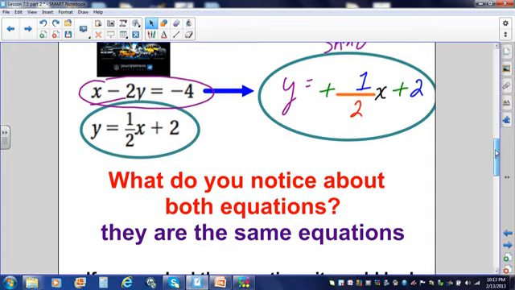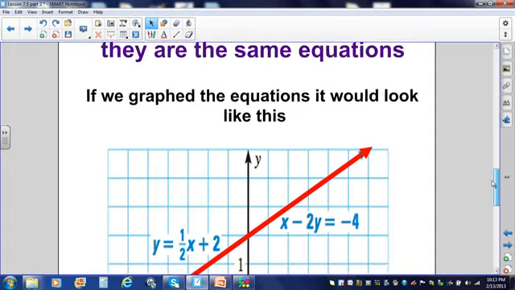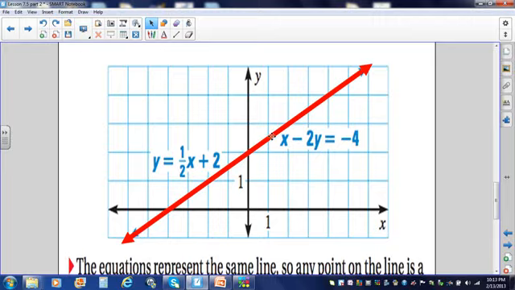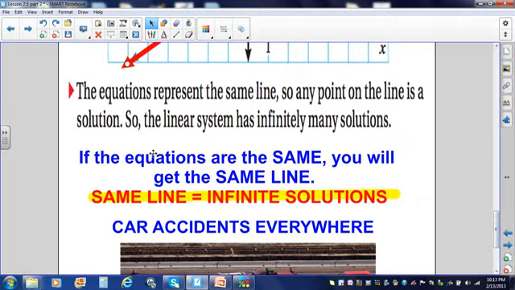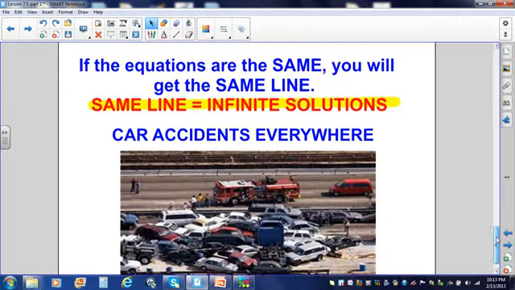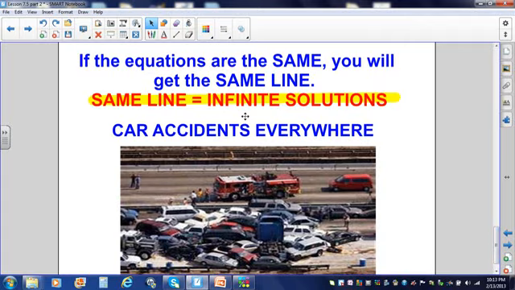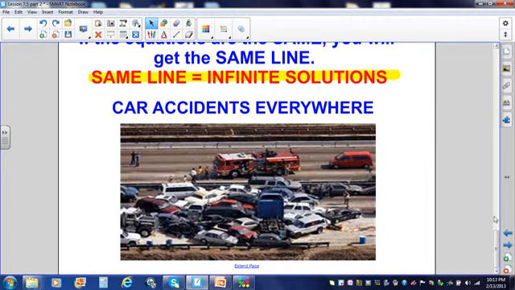If you graph them and they come out to be the same equation, then we have the same line. Same line is the same thing as true statements. If the equations are the same line, we have infinite solutions, car accidents everywhere. So that's the second strategy. Instead of substitution, you can do graphing.